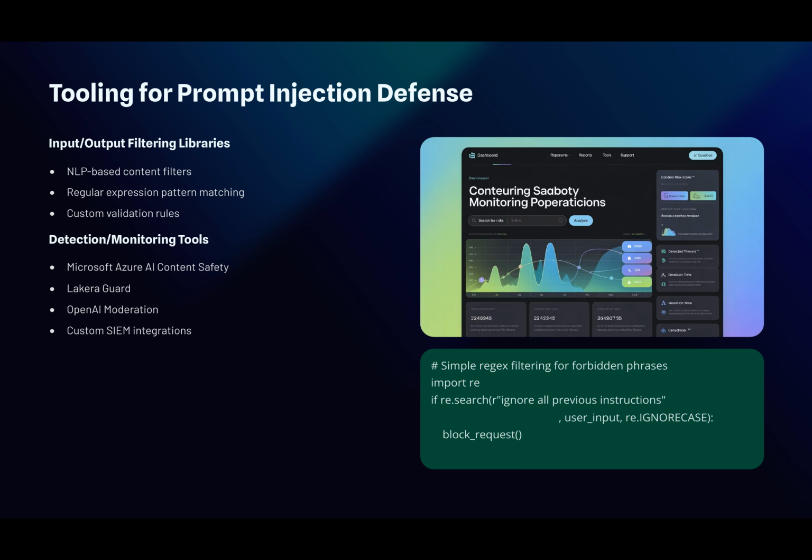At the bottom, there's a code snippet that demonstrates a simple regular expression filter in Python. Here, if the input matches certain forbidden phrases such as "ignore all previous instructions," the request is immediately blocked. While basic, these techniques add an extra layer of protection, especially when combined with more advanced monitoring and filtering solutions.